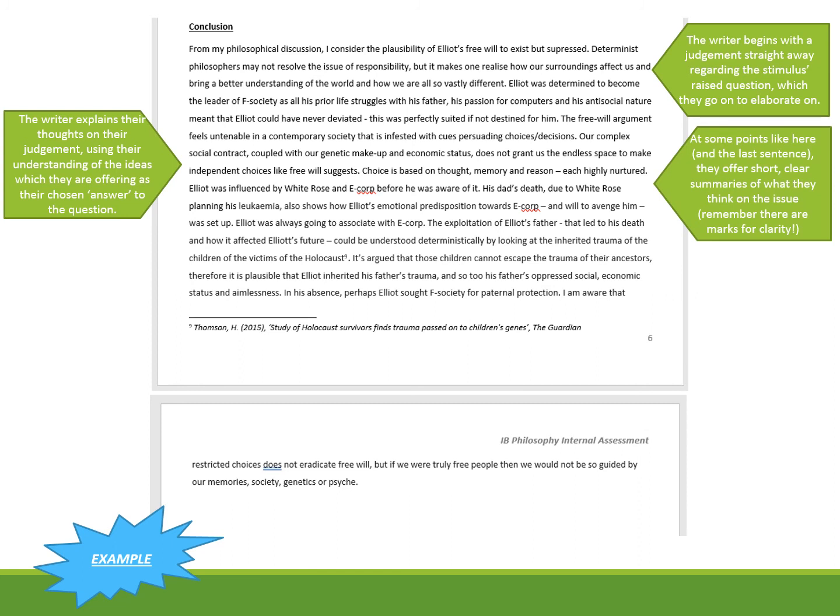At some points, like here, and the last sentence, they offer short, clear summaries of what they think on the issue. Remember, there are marks for clarity. Don't be afraid to use short sentences. A very big problem we have in particularly philosophy, but in sixth form, and you see it at university as well, is that people seem to have this mindset that, I am more sophisticated and I am more academic, therefore I must use bigger sentences.